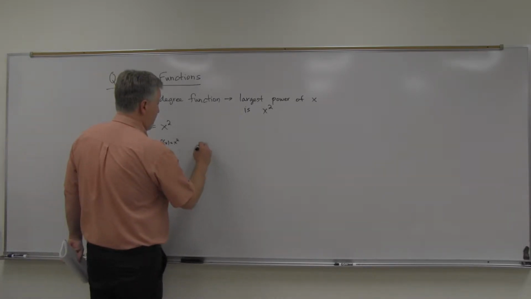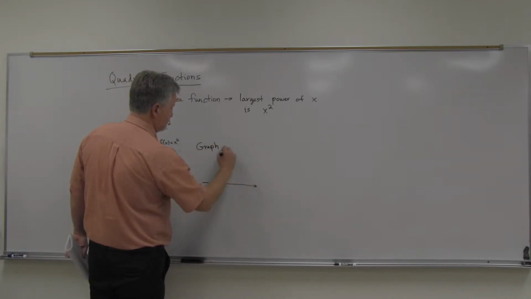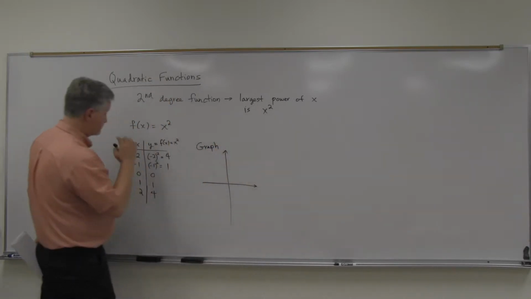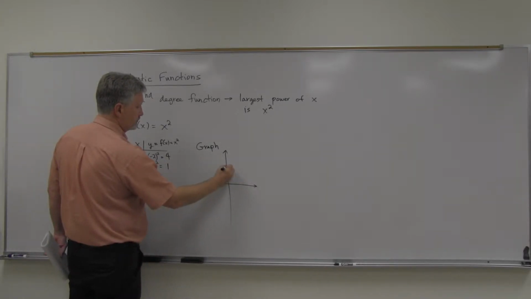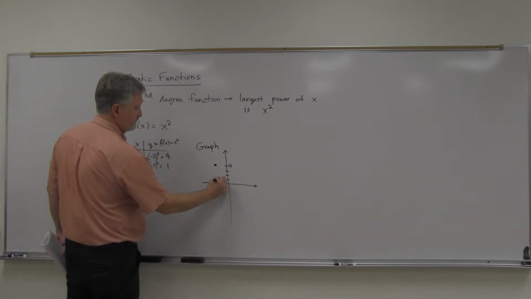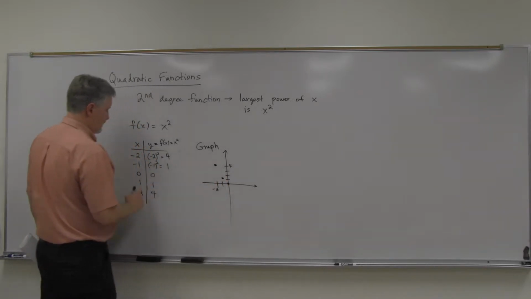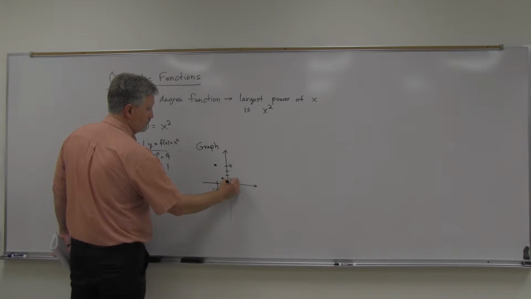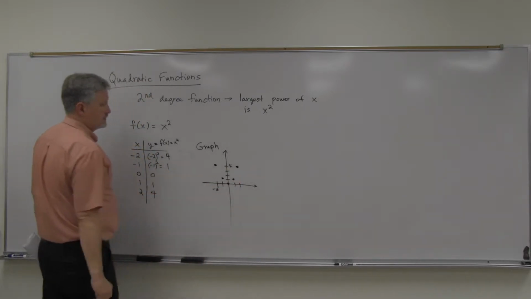All right, now the graph here, if we graph those points: -2 and 4, -1 and 1, 0 and 0, 1 and 1, and 2 and 4.